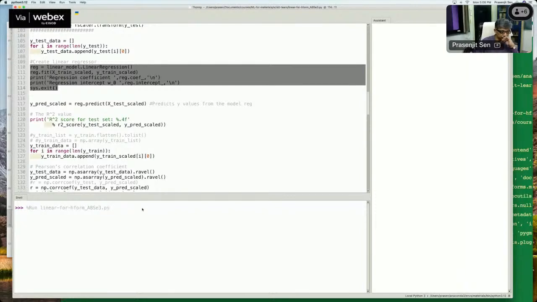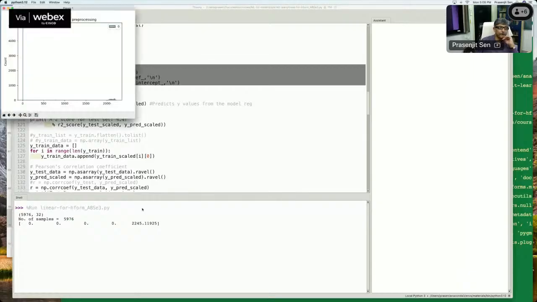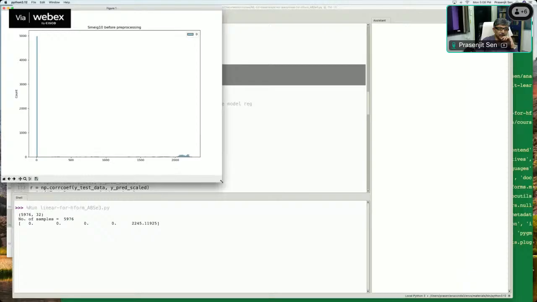Okay, it's running here. Yeah, so what you see here on the screen is the 10th eigenvalue before any pre-processing.